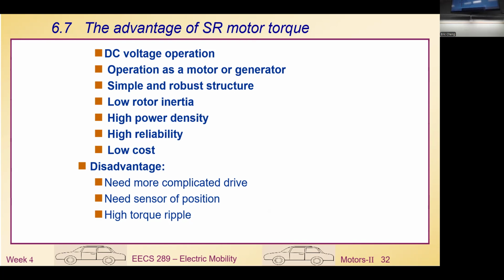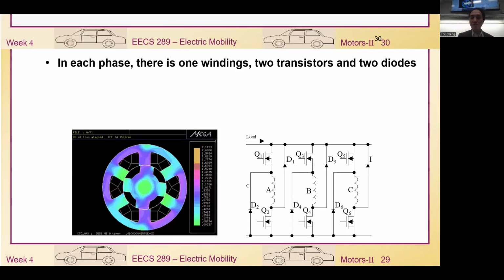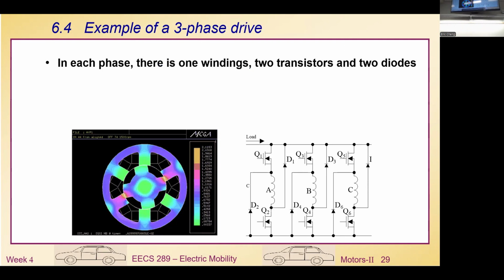So that's why this motor has high reliability. And why high reliability, as I mentioned before? Say this is a three-phase motor. Even if by any reason this phase is broken, like the line is broken, we still have two phases. We just lose one third of the power, and we still have two thirds of the power to continue to operate the motor. The motor still rotates past it, and you just have higher ripple.